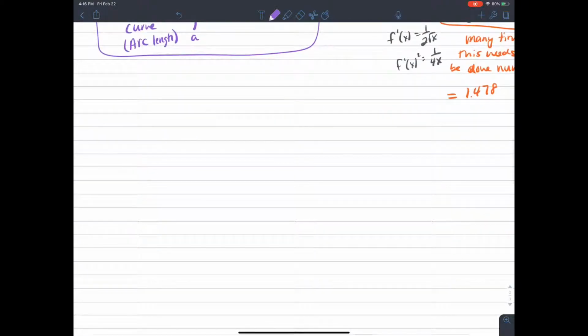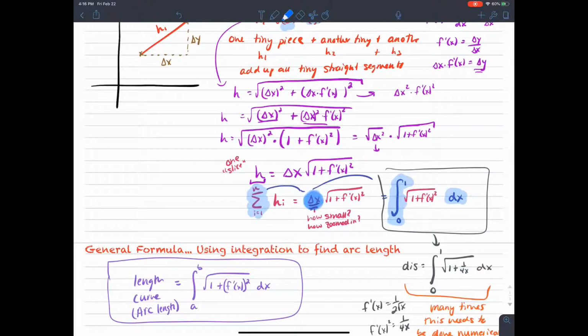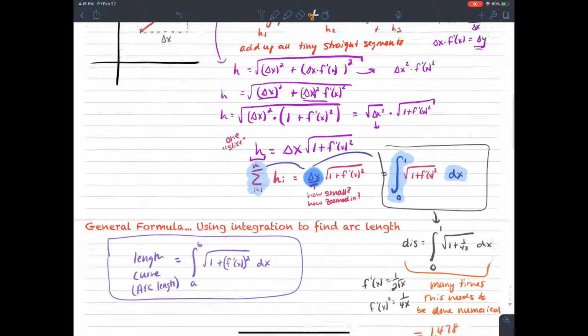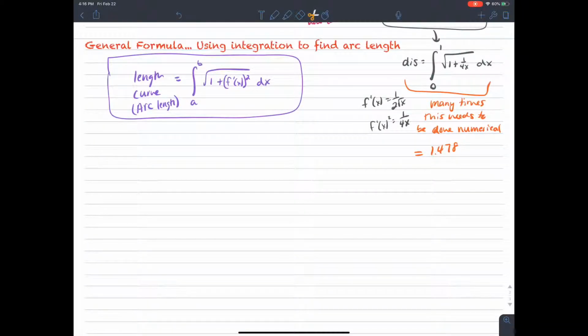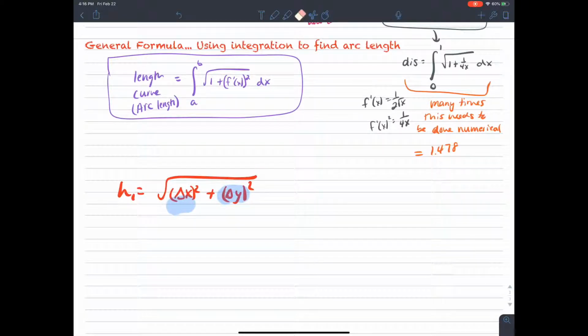What I'd also encourage you to see really quickly is this general equation here, which I'm going to copy and paste. This equation here, we had a problem. We had to rewrite it because we were using x's and y's, and they were in different input values. One was in terms of x, and one was in terms of y.